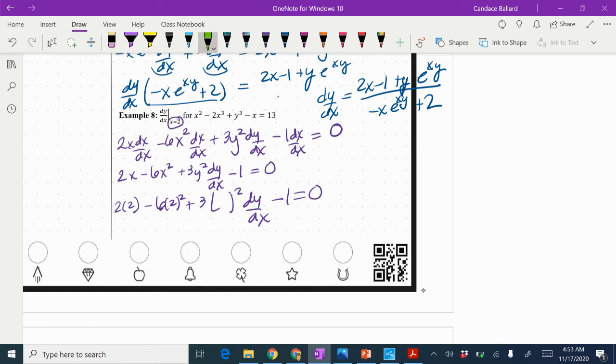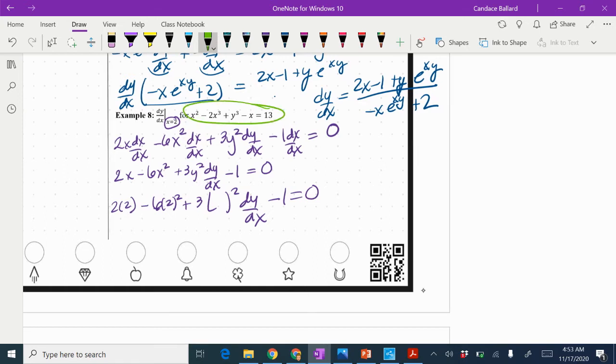It's probably not going to be pretty, but it's okay. So we're going to go back to our original equation, and I'm going to plug my x value into that original equation. So I've got 2 squared minus 2 times 2 cubed plus y cubed minus 2 equals 13.